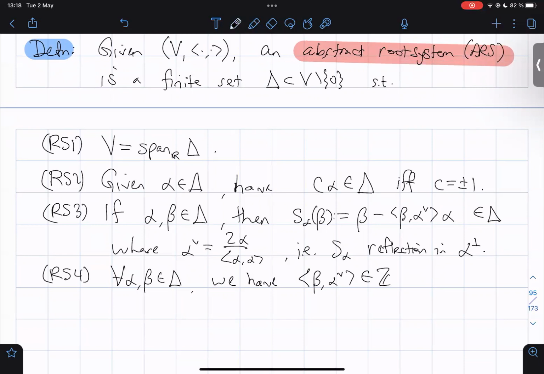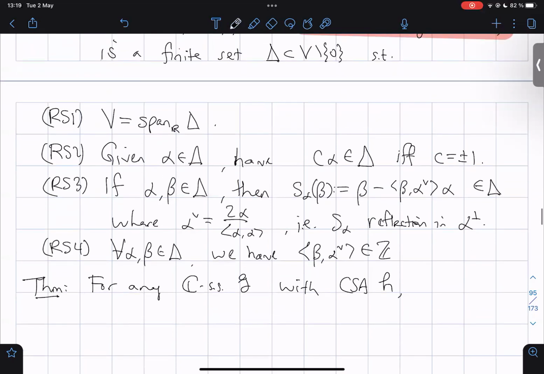Okay, so what we've been led to up to this point is that for any complex semi-simple Lie algebra G with a chosen Cartan subalgebra, this data of this real form in H star, equipped with this inner product and equipped with these roots, is an ARS.